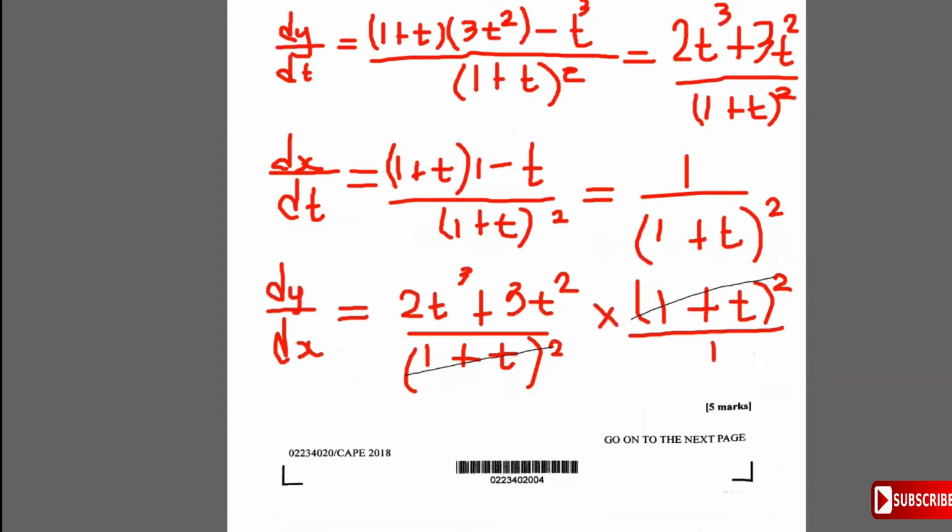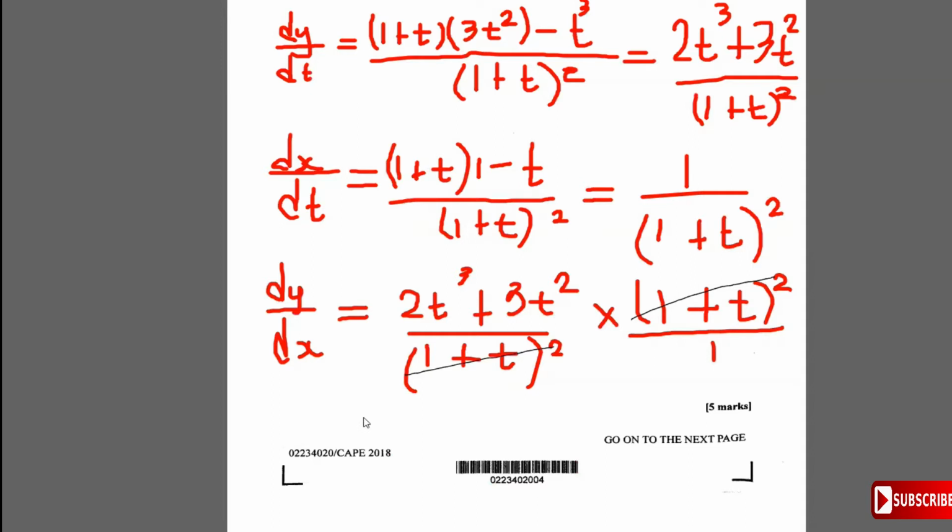We bring over this t, and so we get t equals 1. Let's check it. 1 over 1 plus 1 is a half. Yes, so t equals 1.